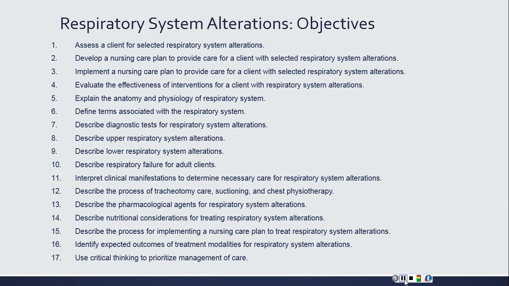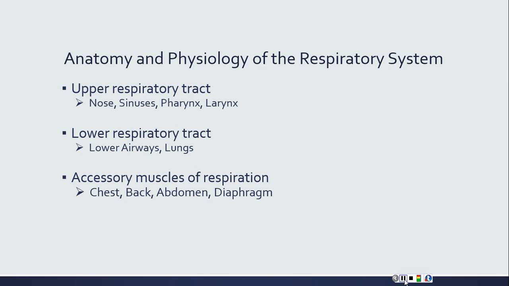All right, so let's take a look, starting out with the anatomy and physiology of the respiratory system. First and foremost, we've got the upper respiratory tract: the nose, sinuses, pharynx, and larynx. Does anybody have an idea what the upper respiratory system's function is, besides the whole bring in oxygen kind of thing?